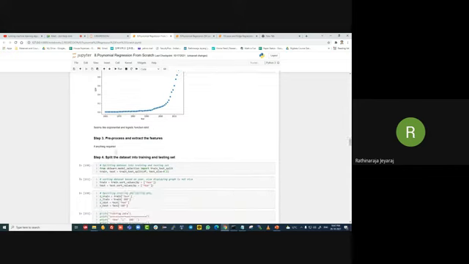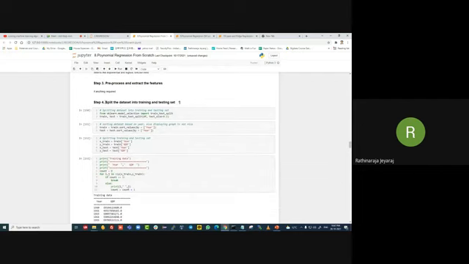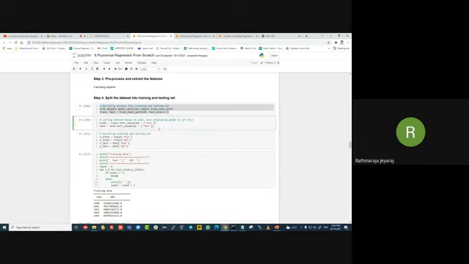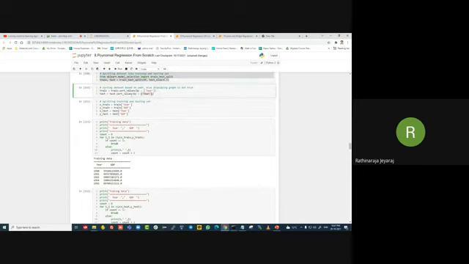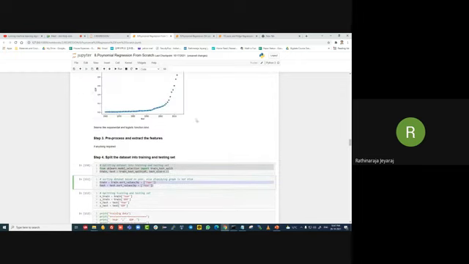Very nice, right? Now I do some pre-processing and extract the features. For now, I don't have anything to do. The first step is splitting into training and testing. Hope you know this. And then I sort train and test by year. So what happens with the year-wise data?